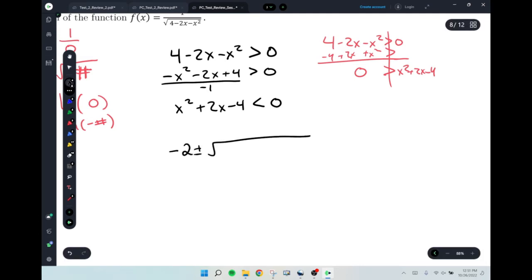-2 plus or minus the square root of 4, skip a step, minus 4 times 1 times -4.